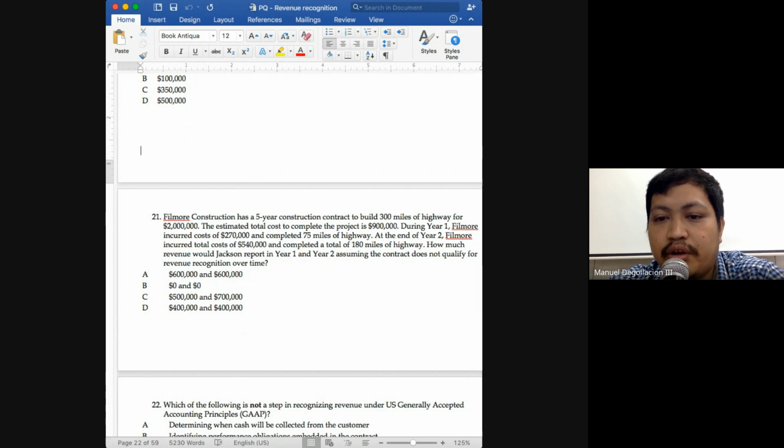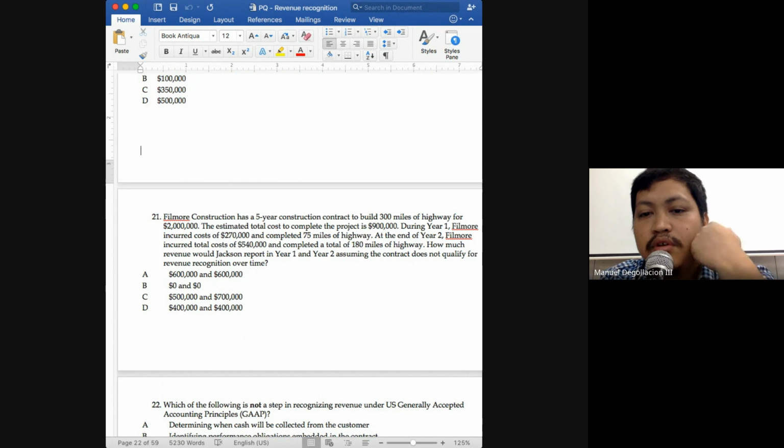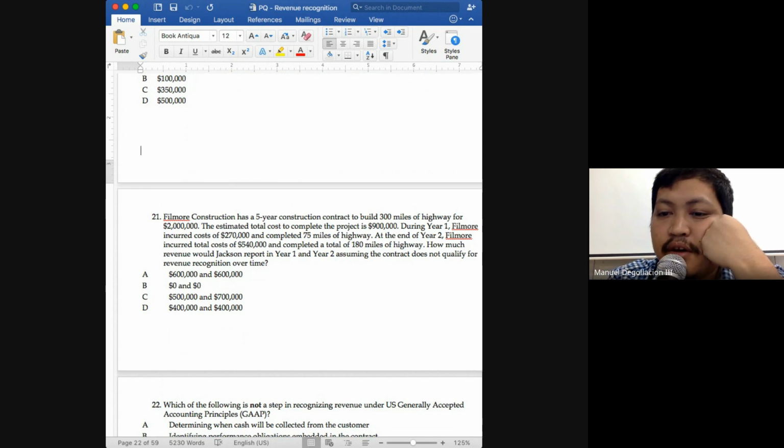During year 1, Fillmore incurred costs of 270 and completed 75 miles of highway. At the end of year 2, Fillmore incurred a total cost of 540 and completed a total of 180 miles. How much revenue will Jackson report, assuming the contract does not qualify for revenue recognition over time?